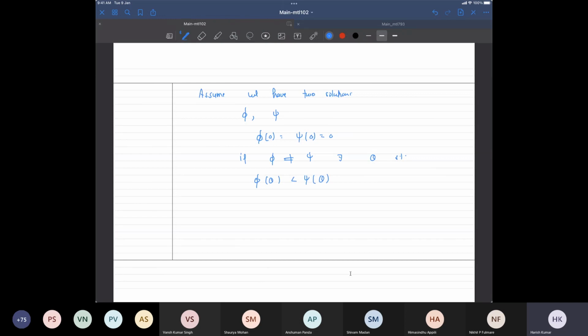There is absolutely no issue. So if they are different functions, at some theta this has to hold. Otherwise, they will be exactly the same function. Now I consider this set S, which is a collection of all times for which this function remains the same.